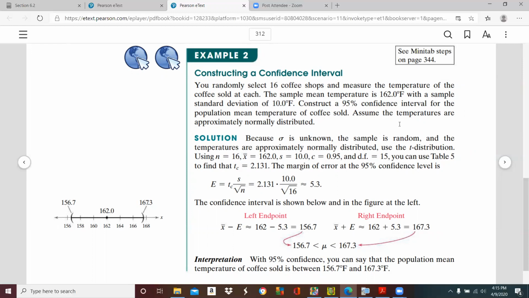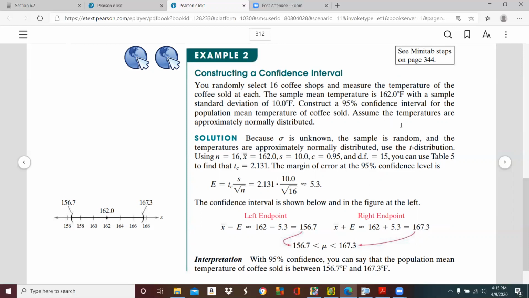All right. Assume the temperatures are normally distributed. Why did we have to say that? It's because the sample size is below 30. So the only way you can do this whole process, this whole construction of a confidence interval, is, number one, if the population is normally distributed, then any sample size will do. But if we say nothing about the population being normal, then the sample size has to be at least 30.